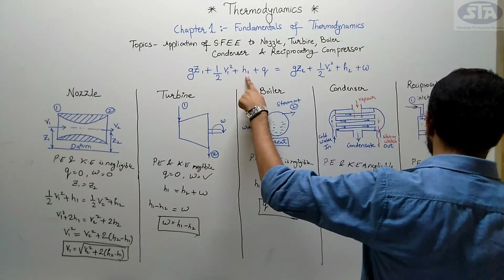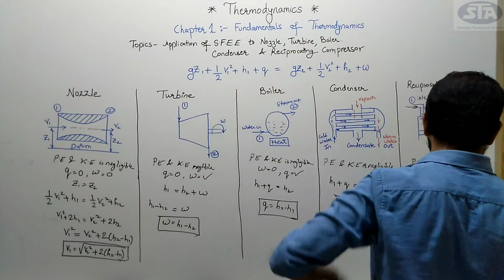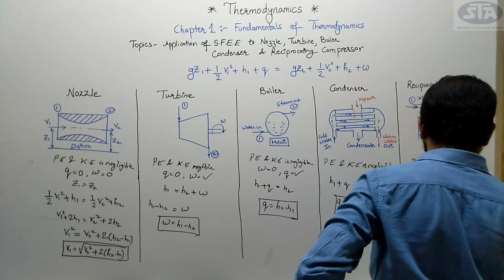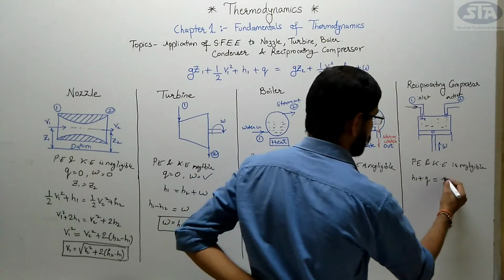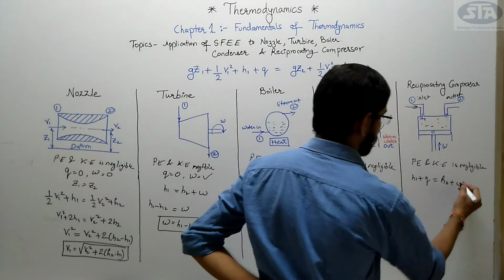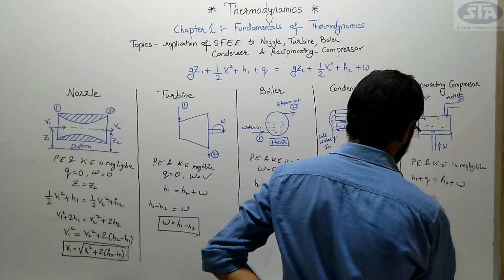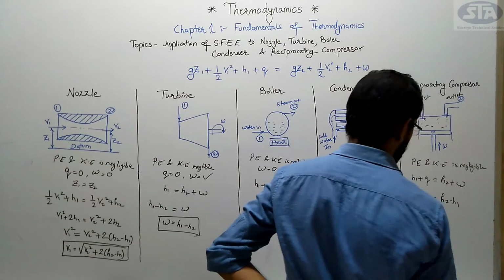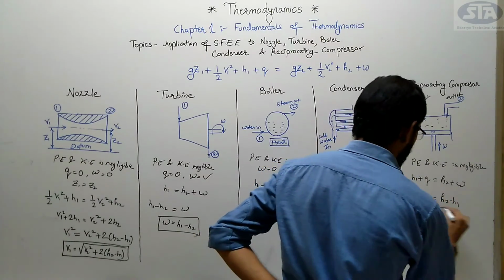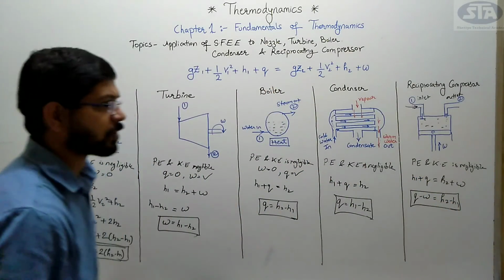So there will be enthalpy H1 plus Q equals H2 plus W. Okay, this is my equation. What I can write is Q minus W equals H2 minus H1, right? This is my equation for the reciprocating compressor.